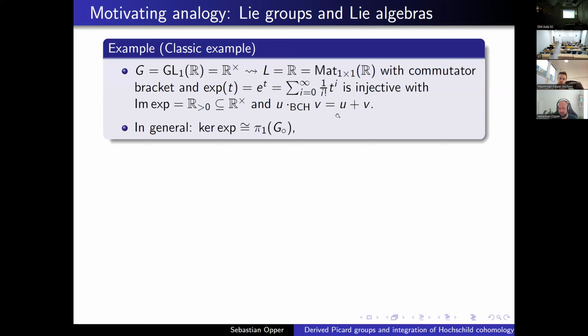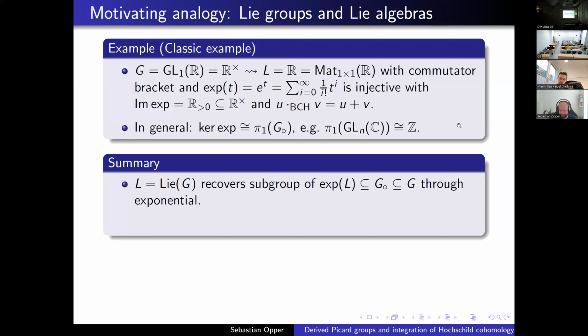Okay, but in general, the point is it's not injective, because in general the kernel of the exponential is isomorphic to the fundamental group of your Lie group. For example, if you replace R by the complex numbers, then for any n, this is Z, and this is non-zero. So in general, it's neither surjective on the identity component, nor injective. So it has a lot of downsides, the exponential in a sense, but it still gives you a lot of information.